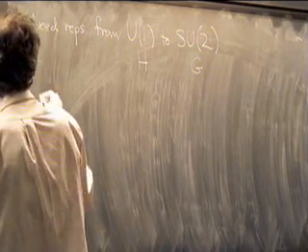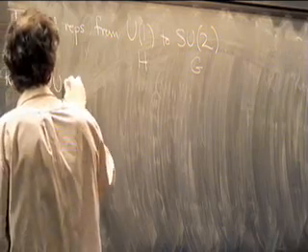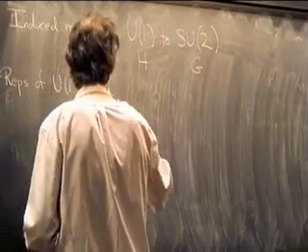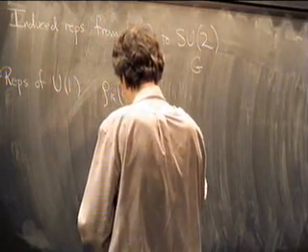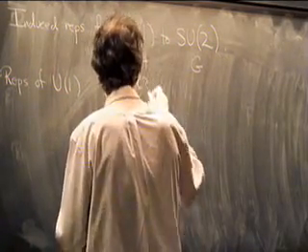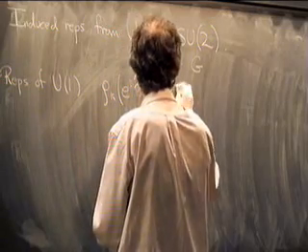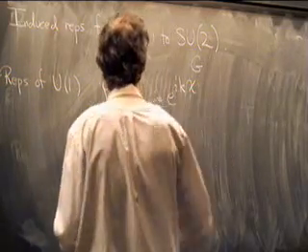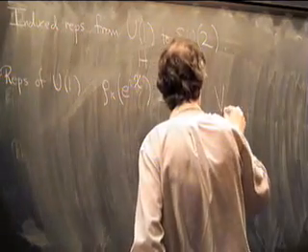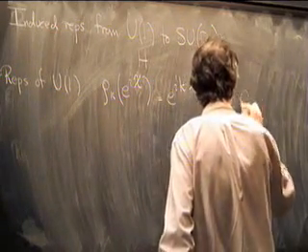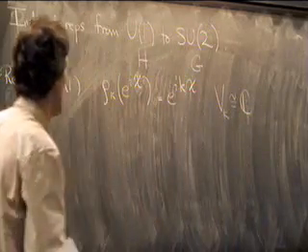As I said, the unitary irreps of U1 are labeled by an integer k, rho k. Instead of e to the I psi, we call it chi, is equal to e to the I k chi. Let's call the representation space V sub k. It's a one complex dimensional vector space.